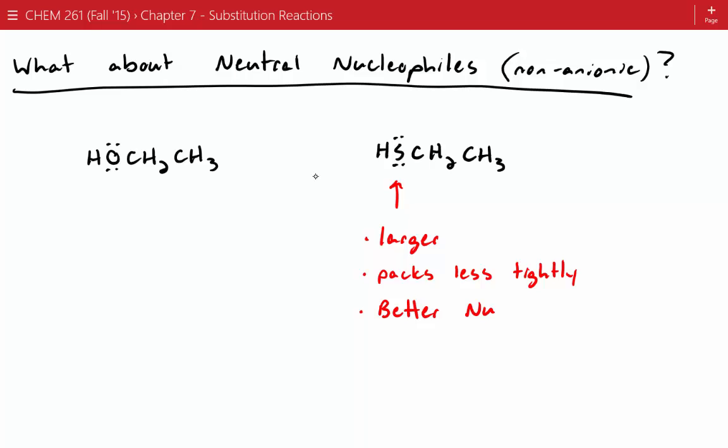But think about it if you're a chemist. Is it a lot easier to mix a solvent, a salt, and your electrophile, or just a solvent and your electrophile? It's a lot easier just to mix two things than three things, right? Same thing's true when you're purifying your reaction. If you have a 3-component mixture, it's a lot harder to purify than a 2-component mixture. So oftentimes it just comes down to practicality.